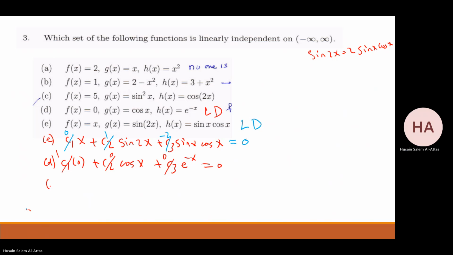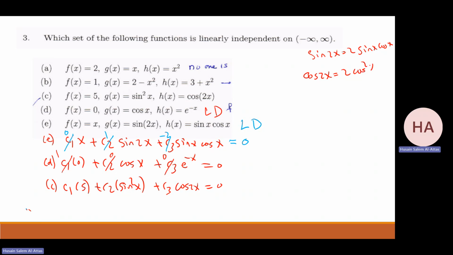C, I have C1 times 5, C2 sine squared x plus C3 cosine 2x. Which formula should I have in my mind? Cosine 2x equals 2 cosine squared minus 1. That's what I should have in my mind.